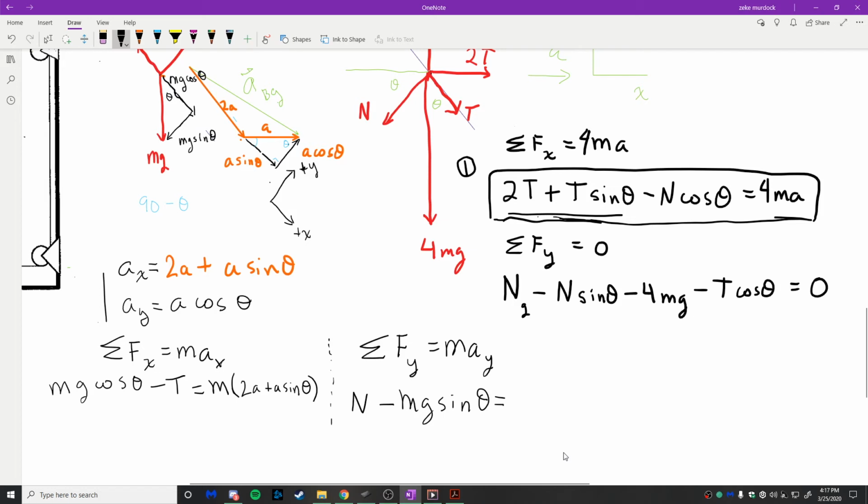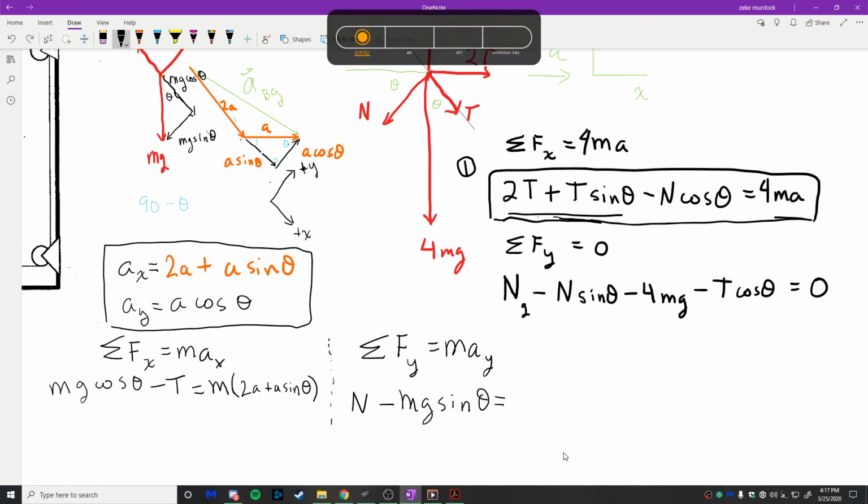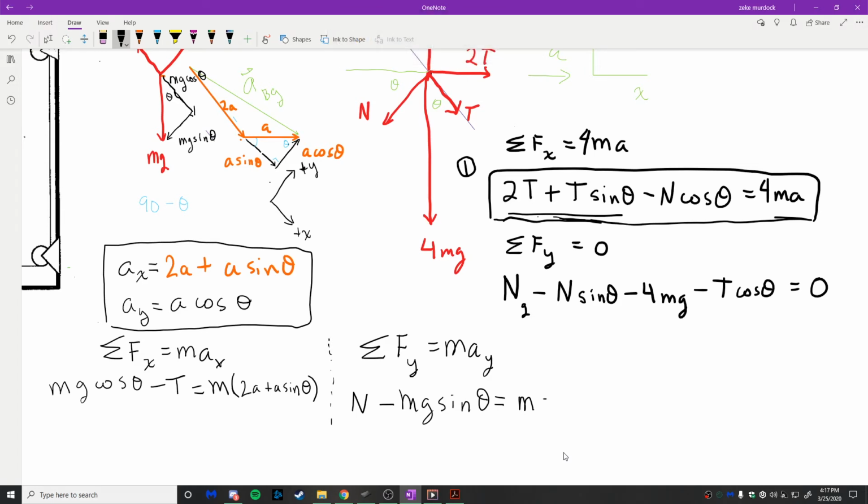So here are our accelerations. Let's block these in because we're going to need to distinguish them. So N minus mg sine theta is going to be equal to may, which is m times a. This looks so bad. So it's m a cos theta.